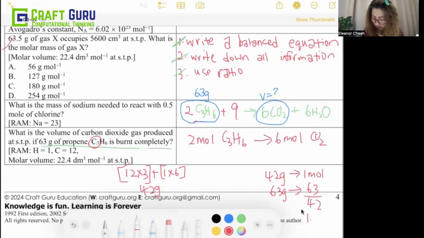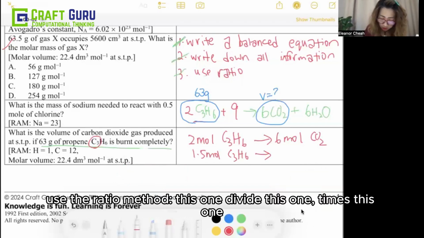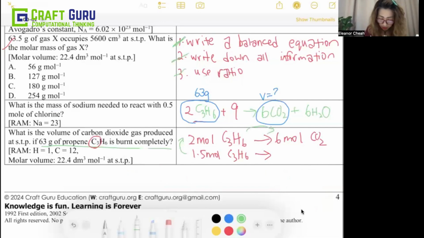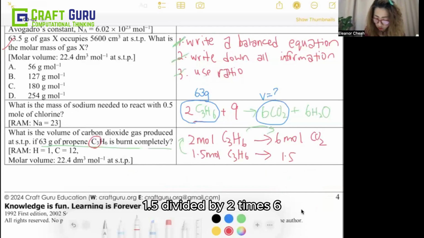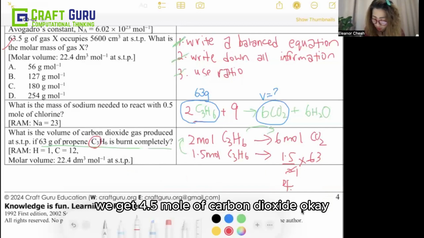Yeah. All right, so 1.5 mole of propene will produce, use the ratio method, this one divide this one times this one. 1.5 divided by 2 times 6. We get 4.5 mole of carbon dioxide.